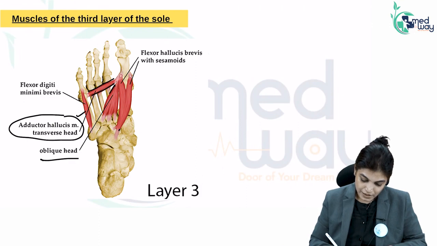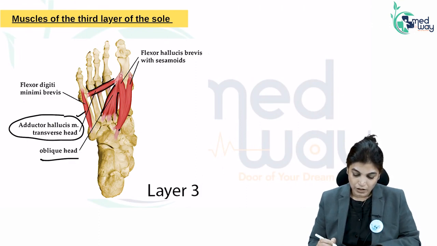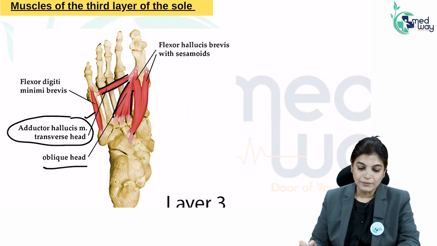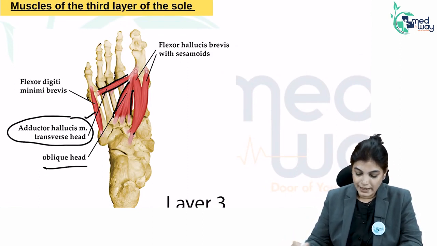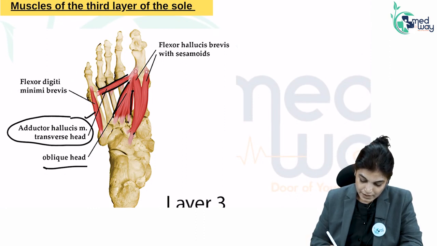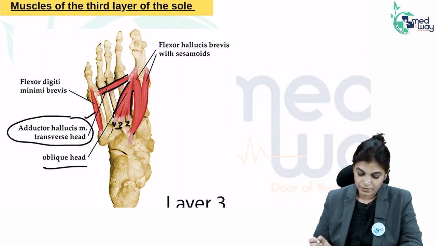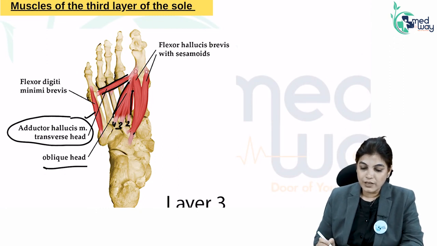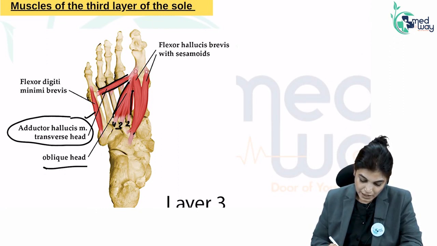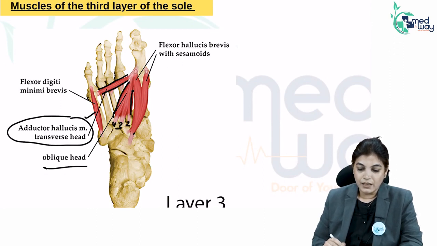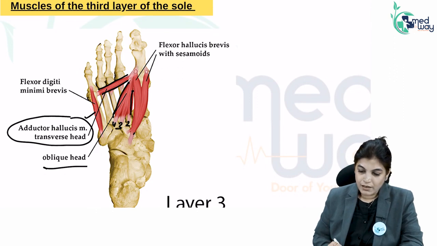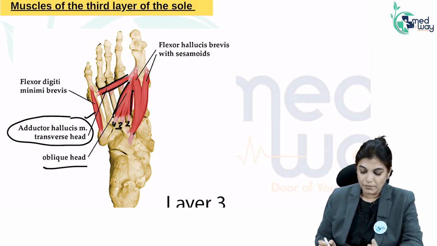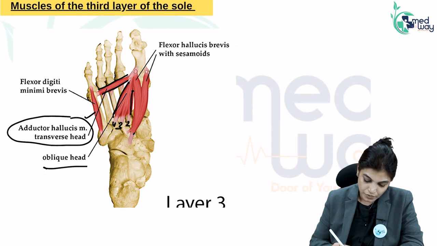The larger one is the oblique head, from the base of the second, third and fourth metatarsal bones. The small transverse head is from the ligaments of the metatarsophalangeal joints of the third, fourth and fifth toes.